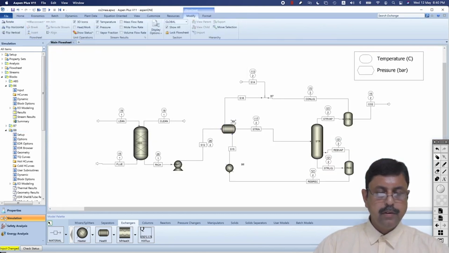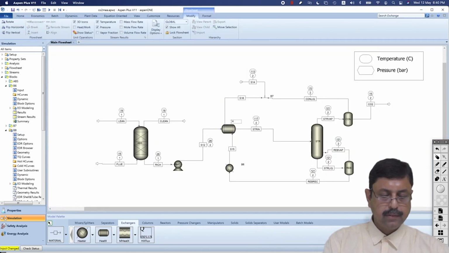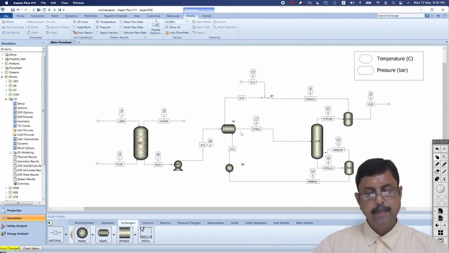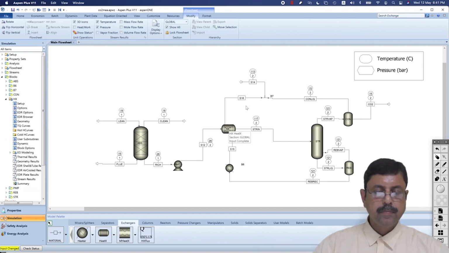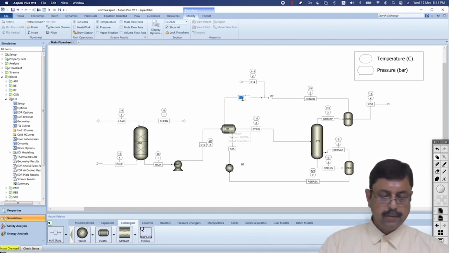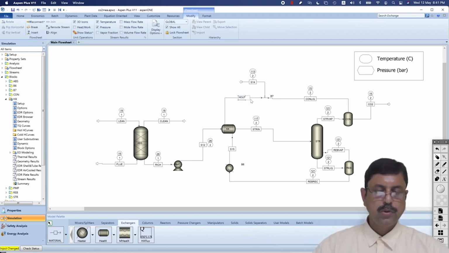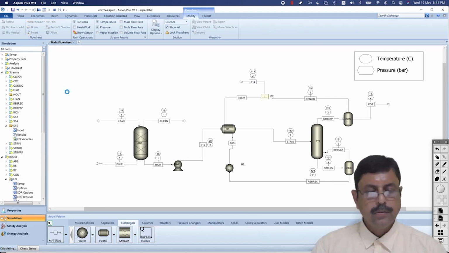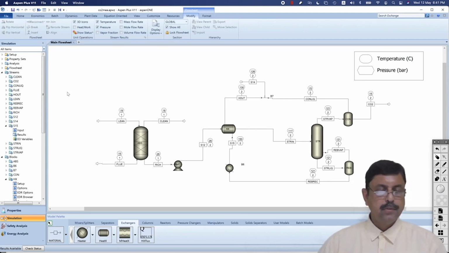Okay, rename it as HX. Rename it as H out. Now run it once again. All other things were already converged, so it should not take much time. Yeah, so it has converged again.